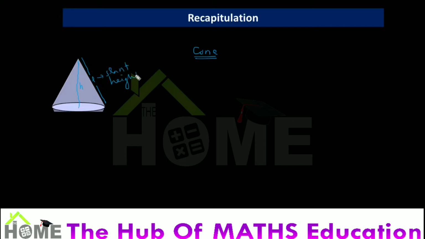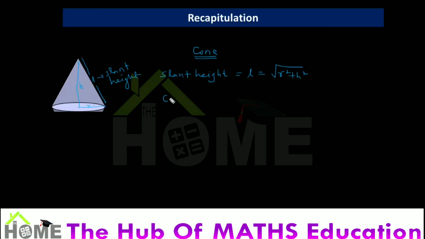Then this is the circle, and this will be the radius of the circle. And the slant height of a cone is given by L is equal to square root of r square plus h square.